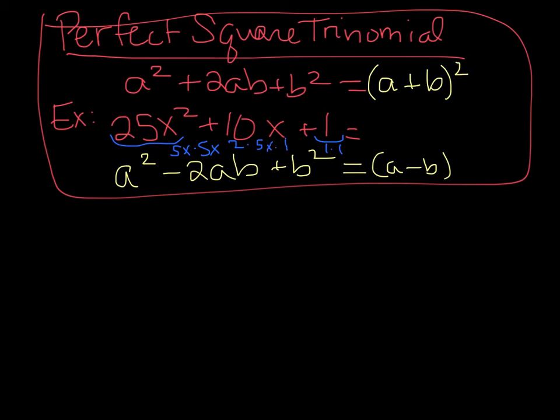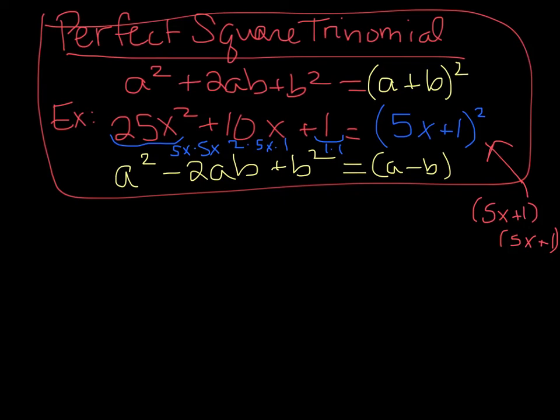So this is going to factor as 5x plus 1 squared. Which, by the way, just a side note, is the same thing as 5x plus 1 times 5x plus 1. Feel free to use the FOIL method to check your answer.